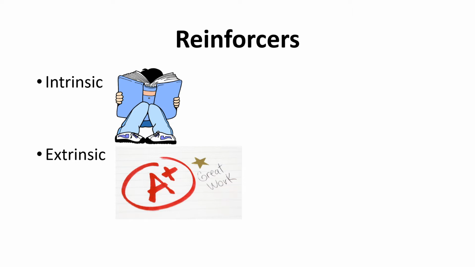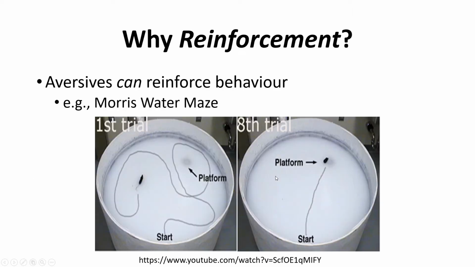In contrast, our extrinsic reinforcers are external reinforcers. You gain some kind of award or avoid some kind of aversive stimulus by doing the behavior. So maybe you work because you want money or study because you want a good grade. So our intrinsic reinforcers are internal and our extrinsic reinforcers are external.